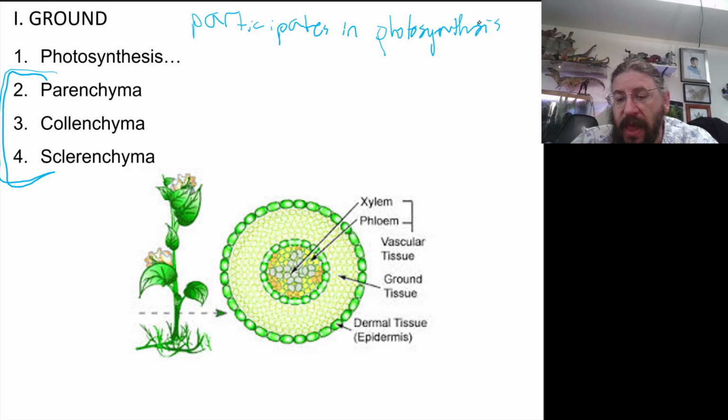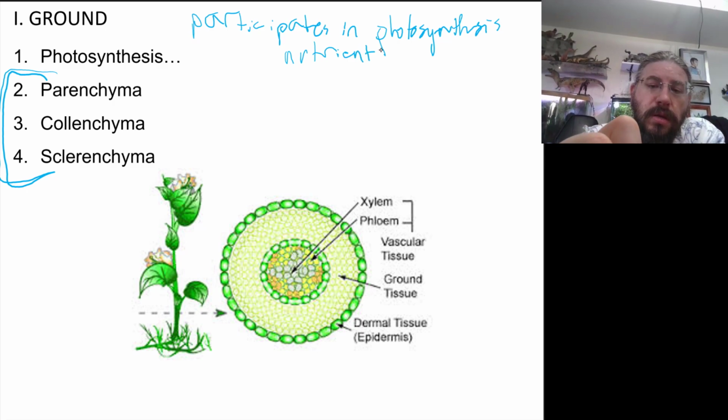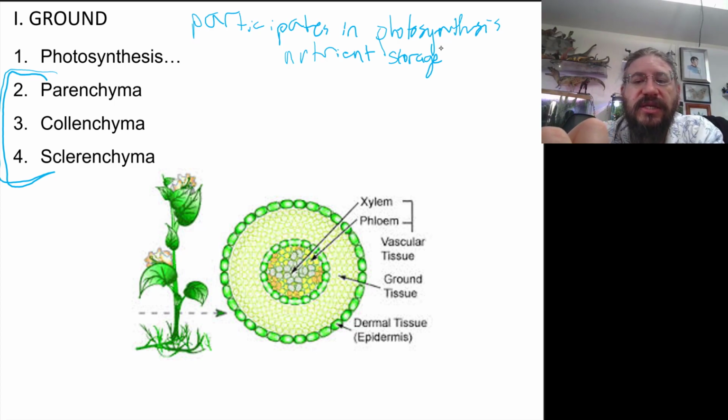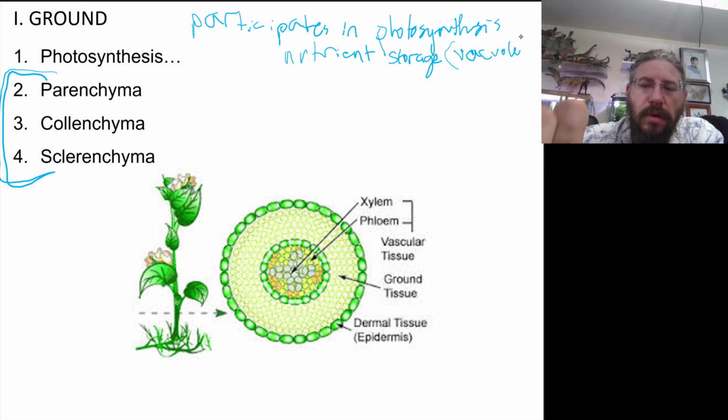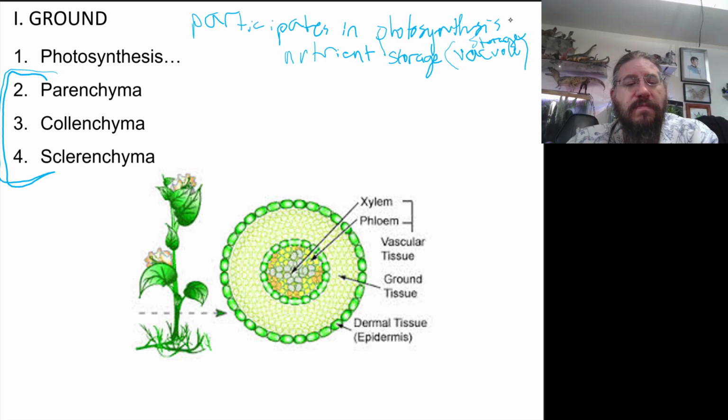So hallmarks here, they also participate in nutrient storage. Some cells are essentially glorified vacuoles. So the cell has basically had everything in it ground down to a minimum, and most of the cell is a storage vacuole.